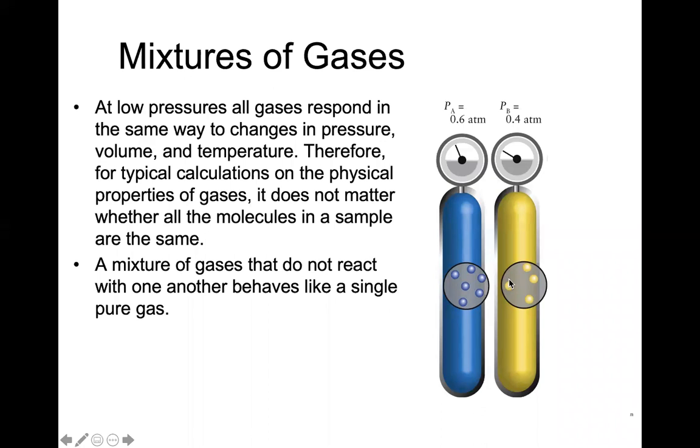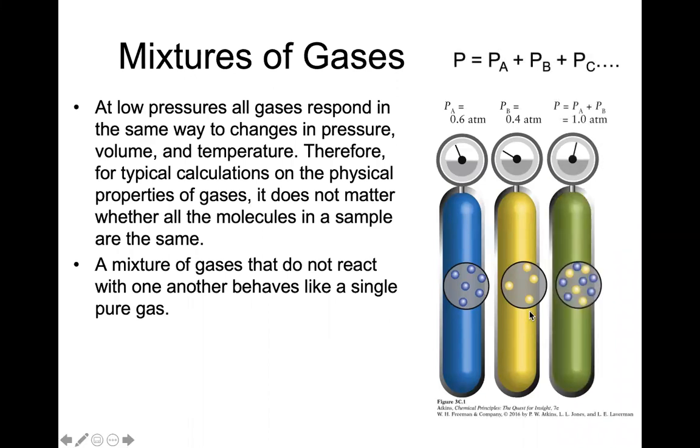If both of those were in the same container, I could just add them together. I would have now a total of, as they're showing here, like 10 particles, and I would just add together the pressures. If a particle is a particle and it doesn't matter their type at all, as far as contributing to the pressure, I can just add it together to get the overall pressure.